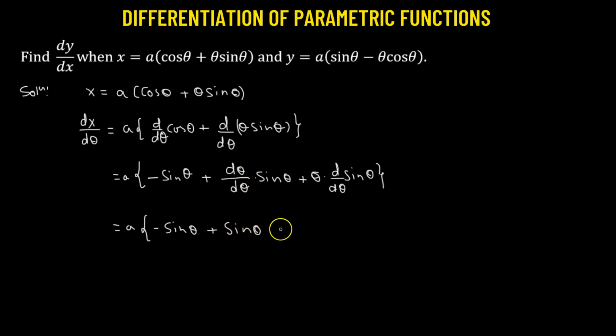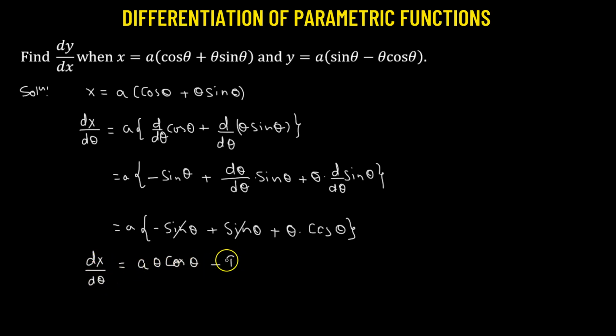So this gives us positive sine theta plus theta times the derivative of the sine function, which is cosine theta, which means we have negative sine theta and positive sine theta cancelling out, and that leaves us with a times theta cosine theta. So this is going to be the value of the derivative of x with respect to theta.